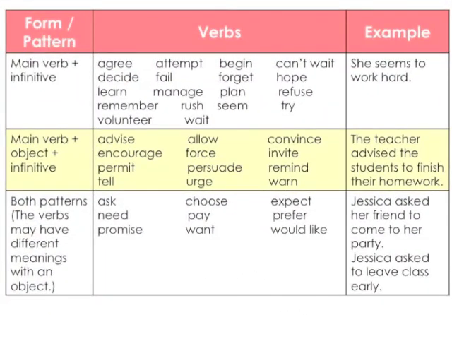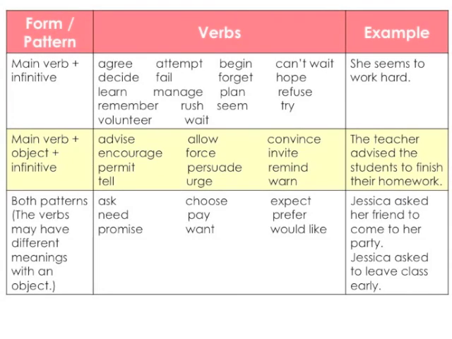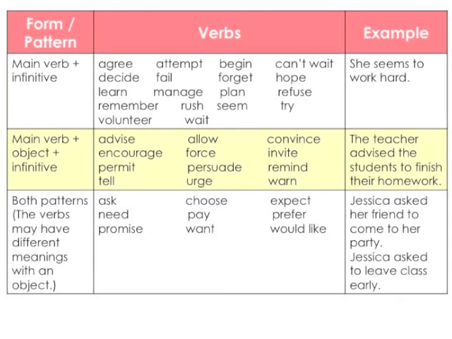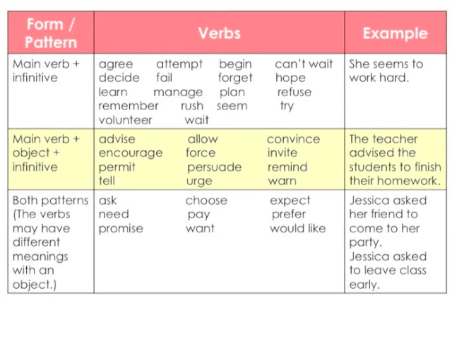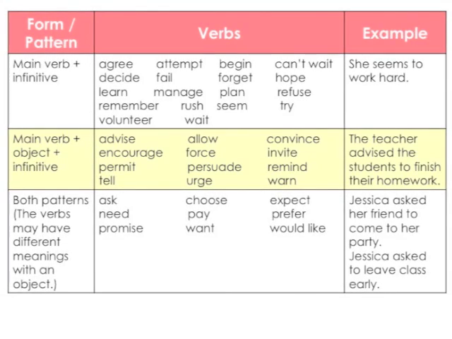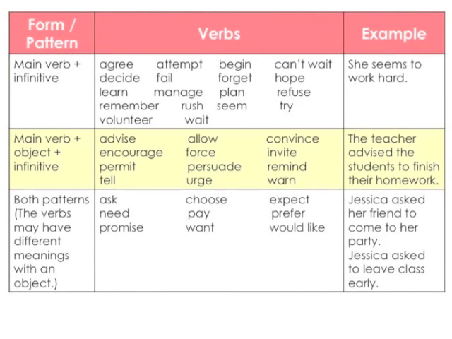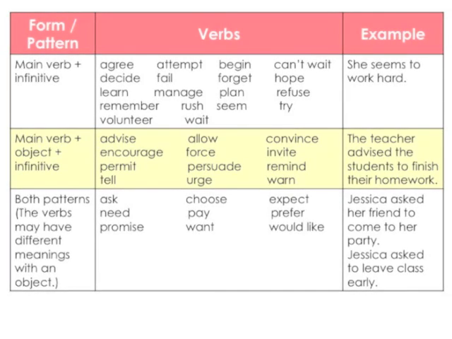Okay, so here I have some patterns and verbs that follow the patterns along with some examples. If you look on the left-hand side, the main verb plus the infinitive, all of the verbs in that line take just the main verb and an infinitive. An example is she seems to work hard. For some of them, we have the main verb plus an object plus an infinitive.